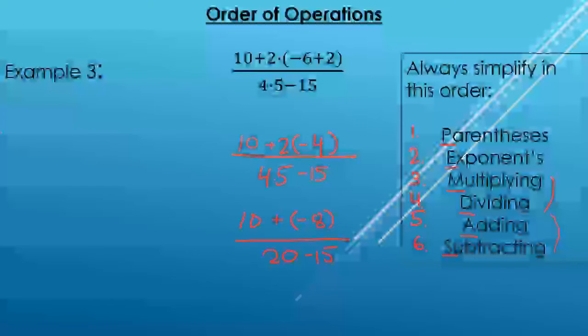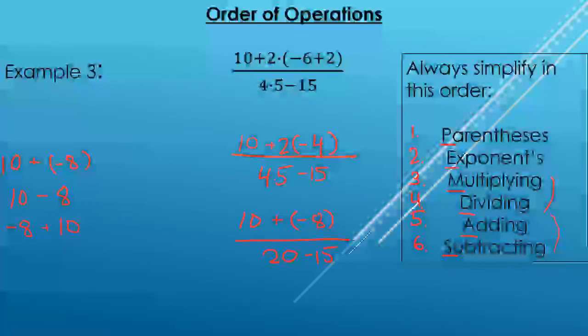So just as a side note, 10 plus negative 8, well, this is the same thing as saying 10 minus 8. And it's the same thing as saying negative 8 plus 10. And these are all the same idea. Basically, if you've got a positive number and a negative number, they're going to kind of battle with each other.